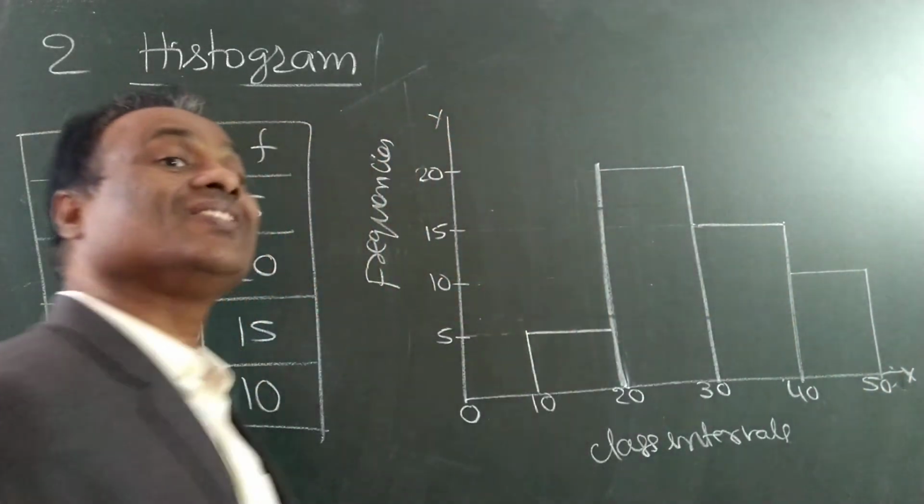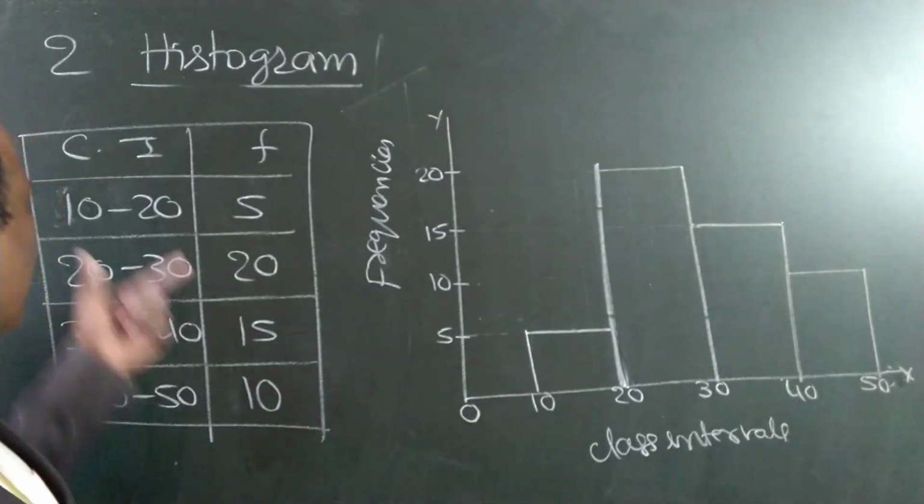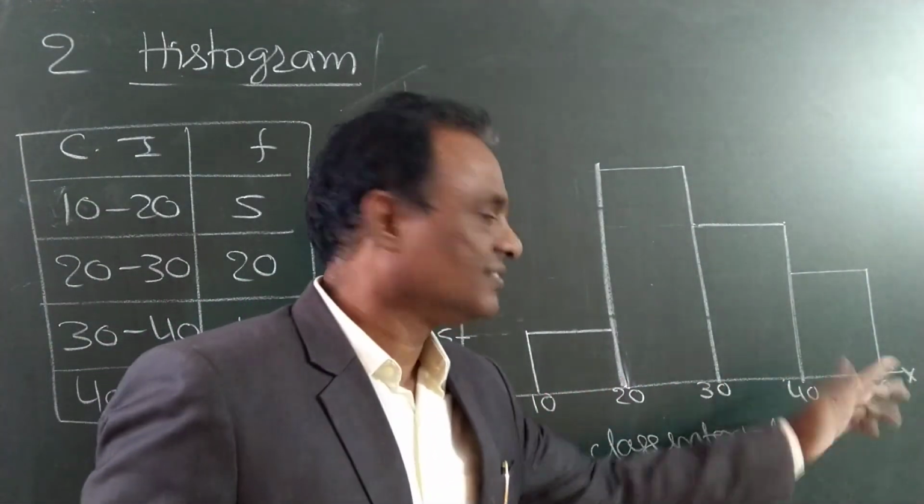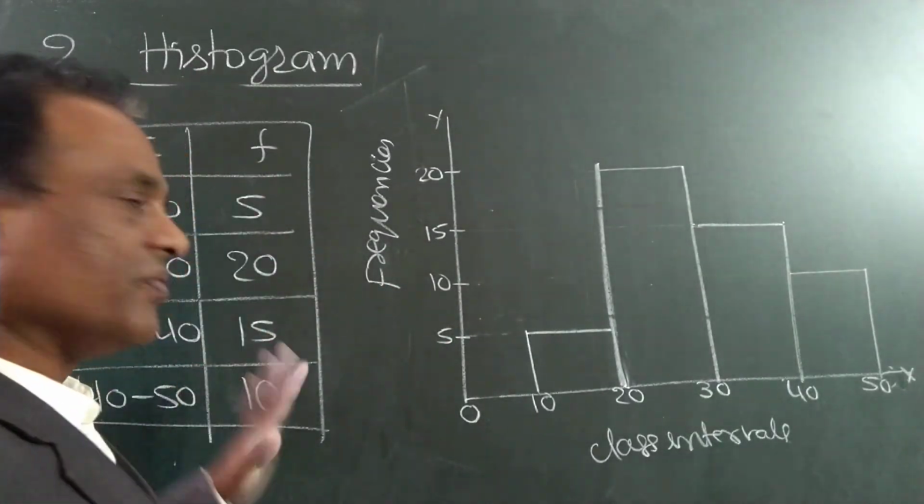This is called a histogram. Same as a bar graph, but class intervals are taken. The height will be in proportion to the given frequency.